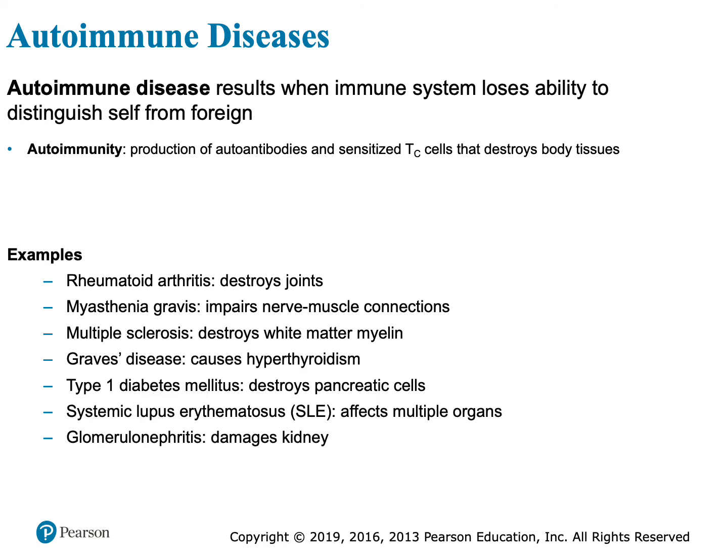Multiple sclerosis, we did that also in A&P 1, so it destroys the myelin in the central nervous system. Graves' disease, so that causes hyperthyroidism. That is an autoimmune disease of the endocrine system.